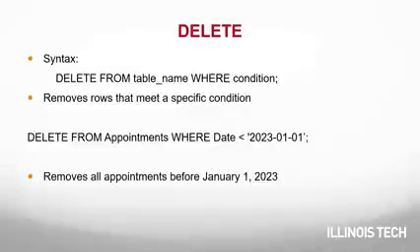We can say delete from appointments where date is less than 2023, January 1st. The condition is the same as you would see in a select statement, but instead of returning the data, it deletes the data. And all of those data will be removed from the table. Obviously, be very, very careful before executing a delete statement, because after the delete statement, the data will be gone.